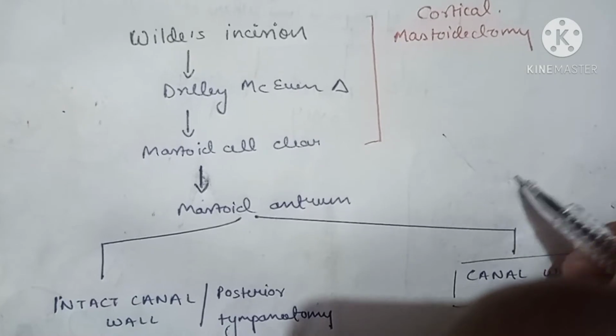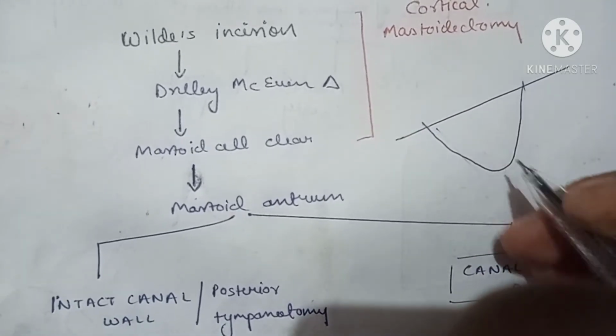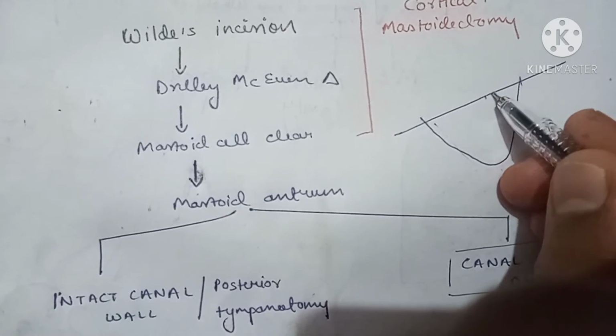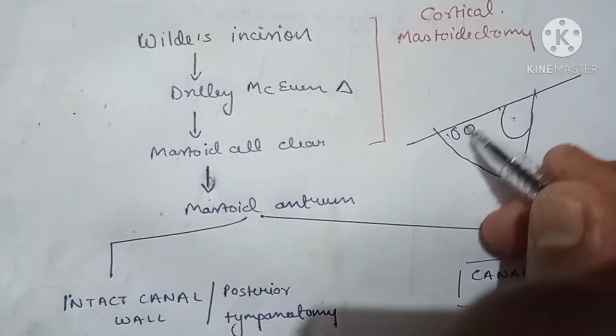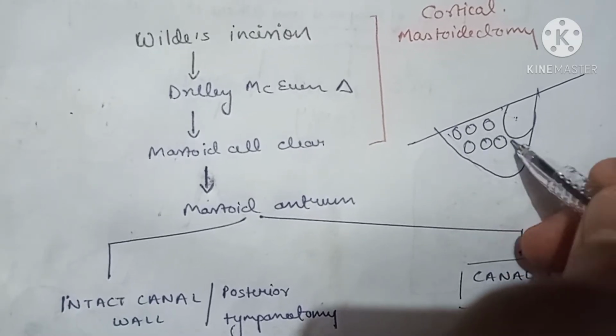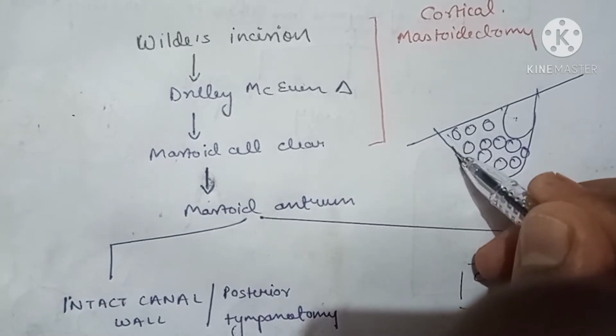Consider this our mastoid, and this the roof of the mastoid. Here we have the mastoid antrum, the largest air cell of the mastoid, and then there are small cells in the mastoid. So we consider this the part of McEwen's triangle.